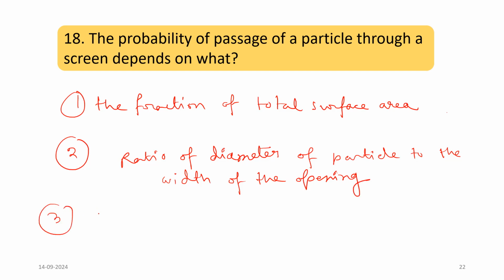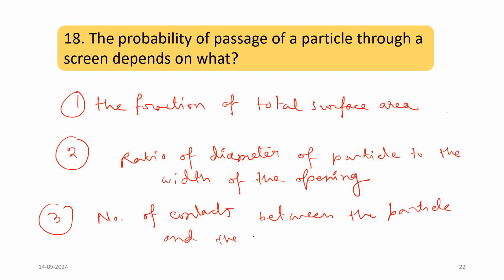And third one is the number of contacts between the particle and the screen surface. So on these factors, the probability of the particle passage depends.